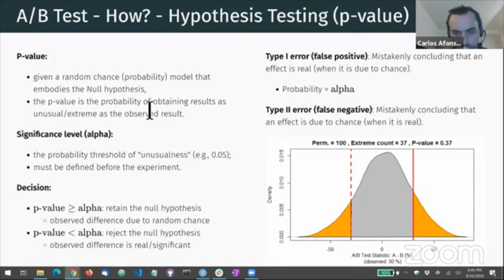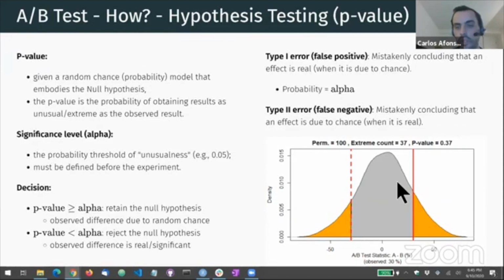result. That alone is not sufficient to define the p-value. So the p-value is defined based on the null model that represents the null hypothesis. So kind of the full definition of the p-value is that given the random chance, the probability model that represents the null hypothesis, the p-value is the probability of obtaining results that are as extreme as the observed result.